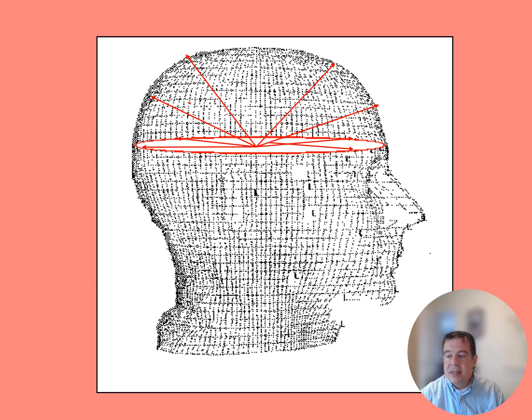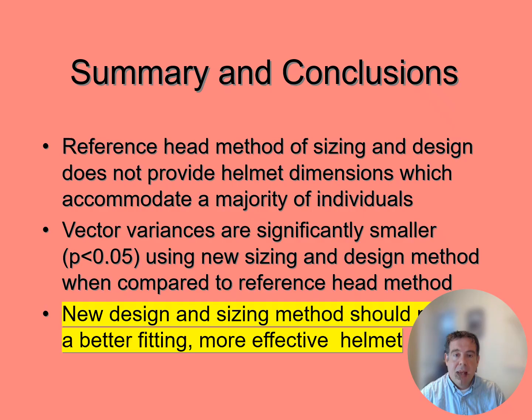And so obviously much better design for the top of the head. So what they found is that the head sizing and design accommodates the majority of the people, but the variances were smaller and new sizing when comparing to the references. So they found value in using this new design for a better fit.